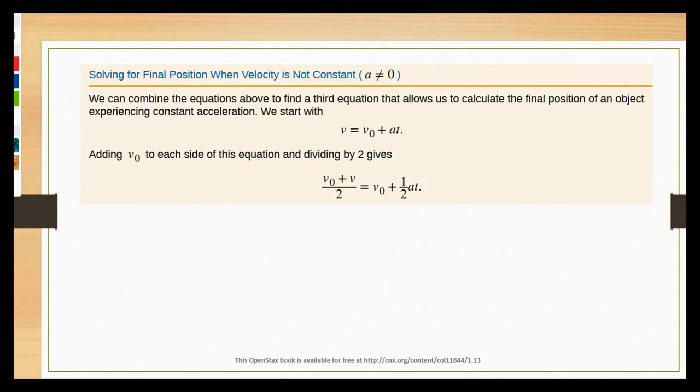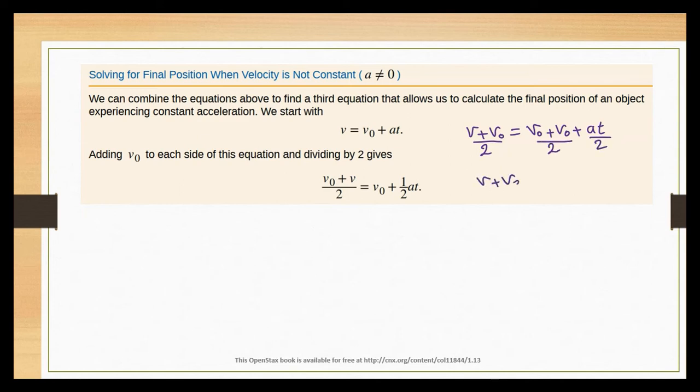So we know v is equal to v0 plus at. If we add v sub 0 to both sides, then we have v plus v sub 0 is equal to v sub 0 plus v sub 0 plus at. Then divide both sides by 2.